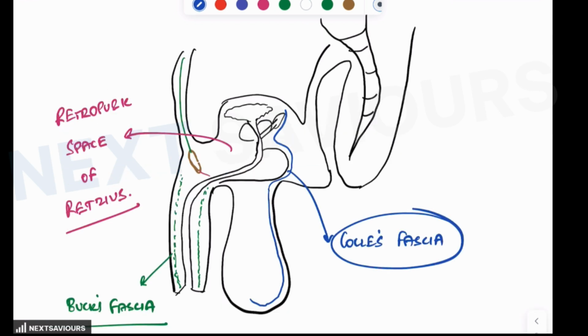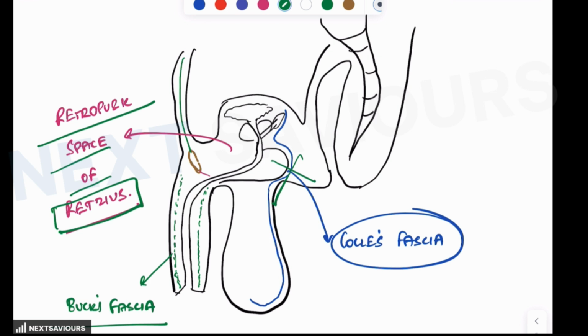Similarly, if there is an injury to the Colles fascia, then there will be a specific pattern of urine extravasation. And the third space that you have to remember is the retropubic space of Retzius, which is related with the deep perineal pouch, where there is an extravasation or collection of urine related to posterior urethral injury.